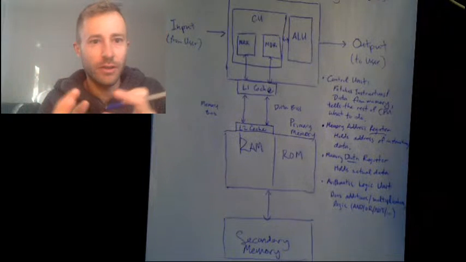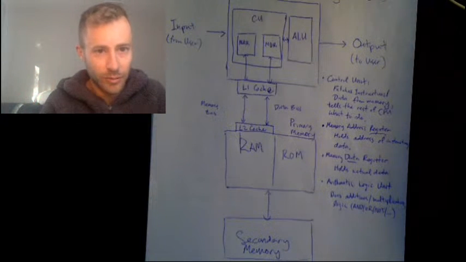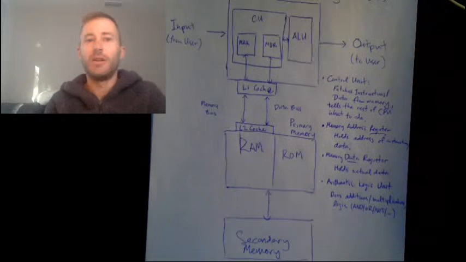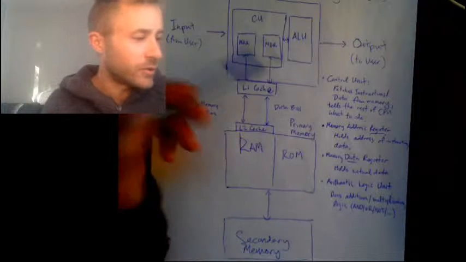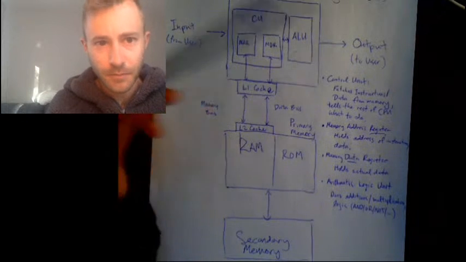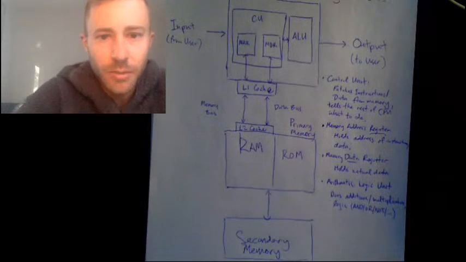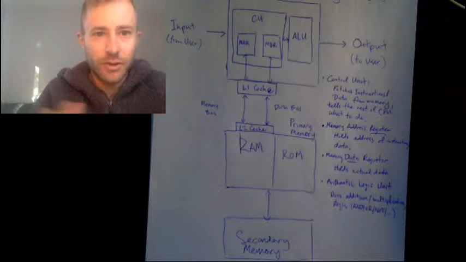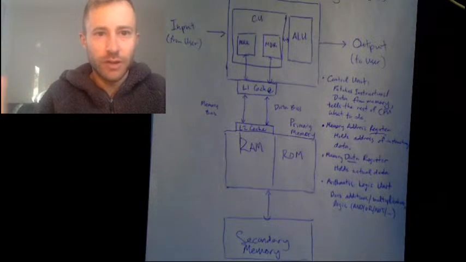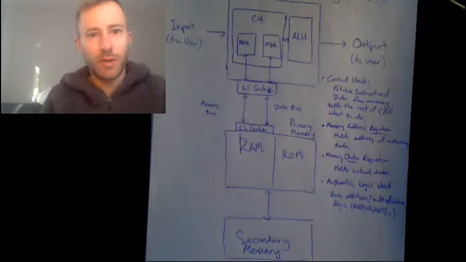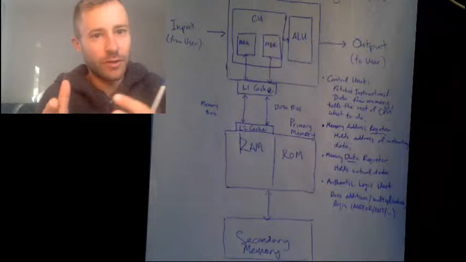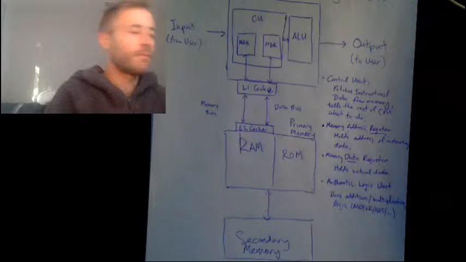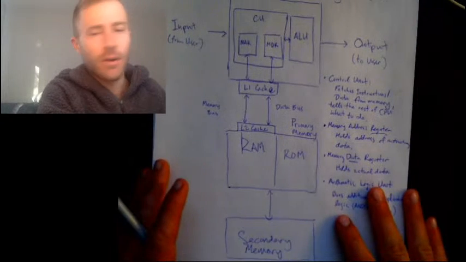It's specifically designed to do certain types of computations in a very fast way, whereas your general CPU is not specialized. It's for general computation. Graphics processing is specifically designed to do one thing very fast.